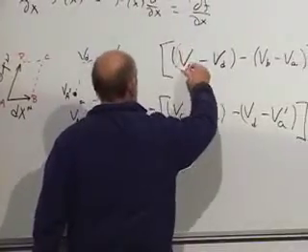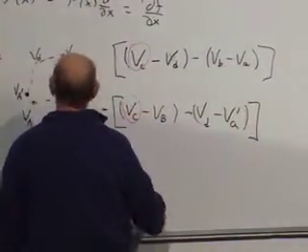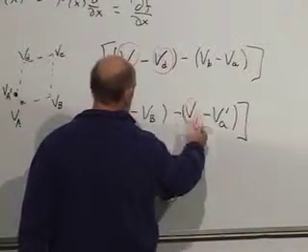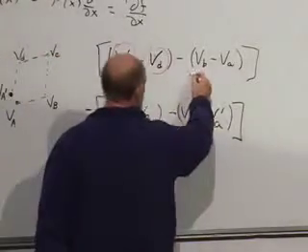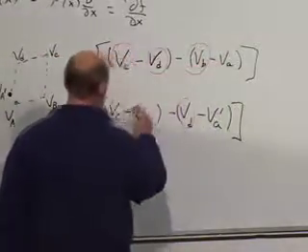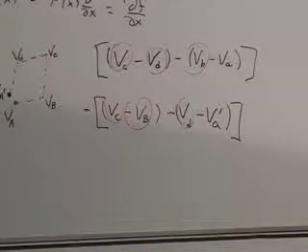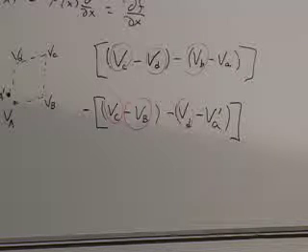VC cancels out here and here. VD cancels out. Minus, plus. VB cancels out. Minus, plus. And the only thing that's left over is VA prime minus VA. Okay?